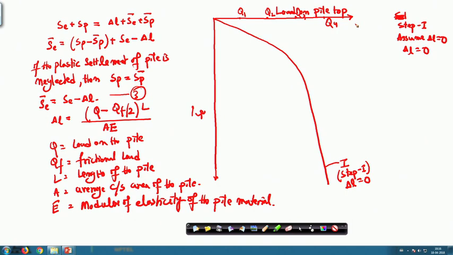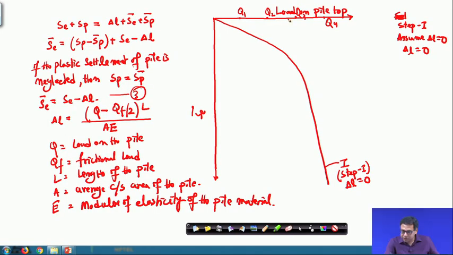So what will I do now? I will draw a line which is parallel to the straight portion of this curve.